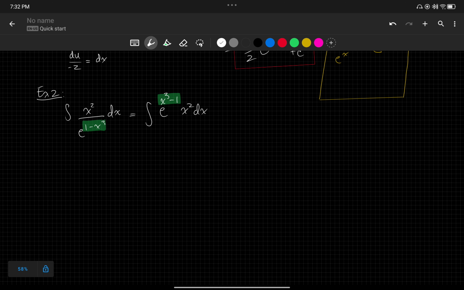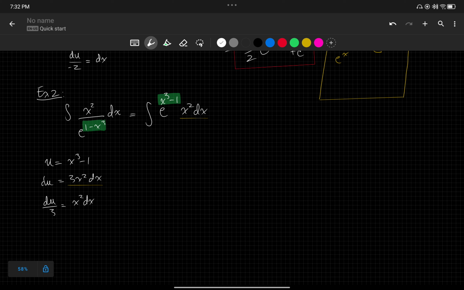All right, so now that we did our little prep work there, u is going to be x cubed minus 1. Take the derivative, du is 3x squared dx, and we're replacing equals for equals. So we require x squared dx, which is this guy over here. So 3 needs to go away. We divide: du over 3 is x squared dx. Okay, very nice.